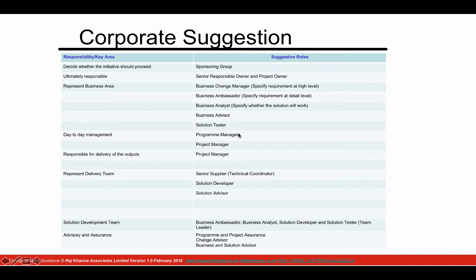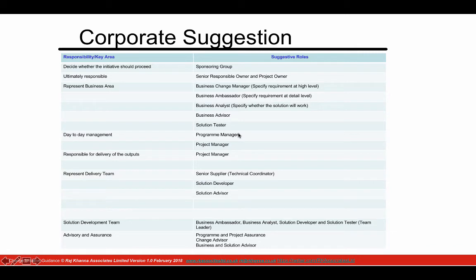So ultimately, whatever we do should be done in a corporate way. There isn't a right way, there isn't a wrong way, but there must be a corporate way. So we must all sing from the same hymn sheet, and we should get people to be working and using the same terminology in terms of roles.